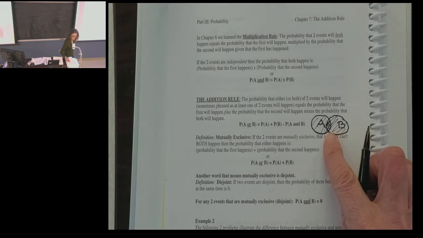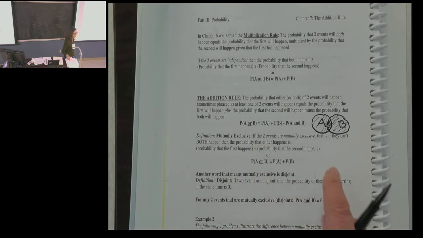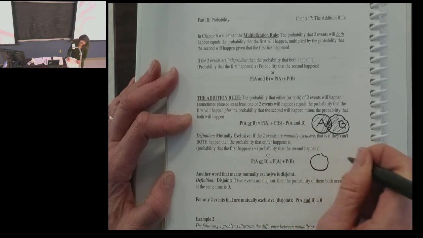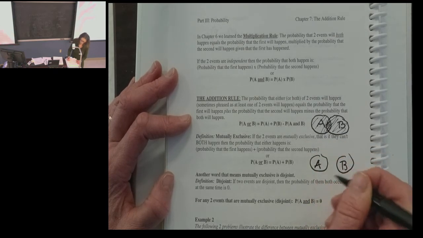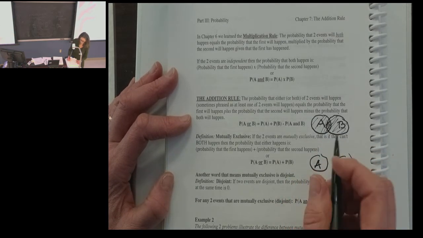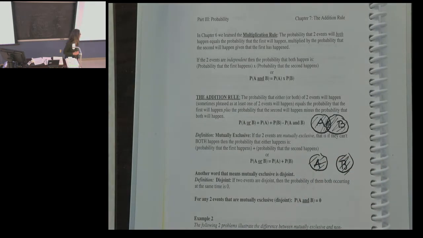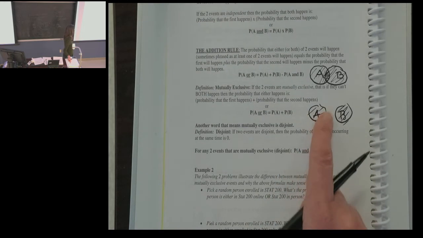But if they're mutually exclusive, that means that if A happens, mutually exclusive would look like this. Then the union would be just this plus this. You don't have to subtract anything because you're not double counting anything. So that's mutually exclusive, or disjoint, if their intersection is 0.